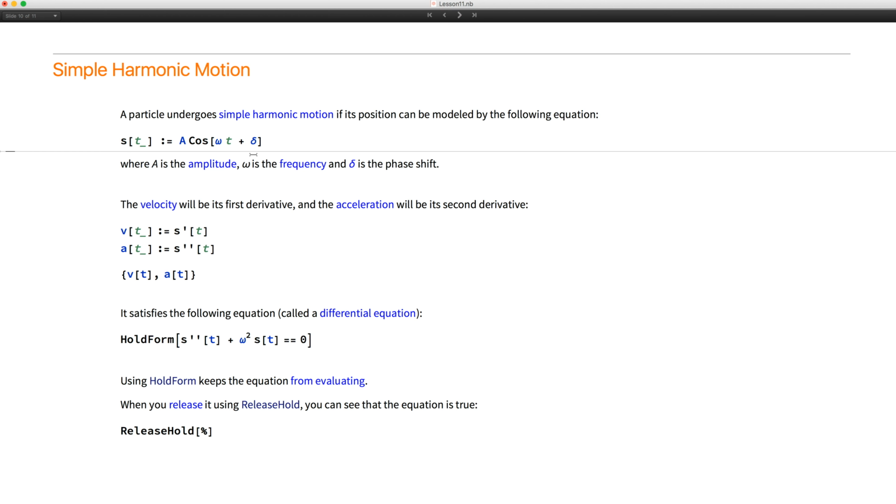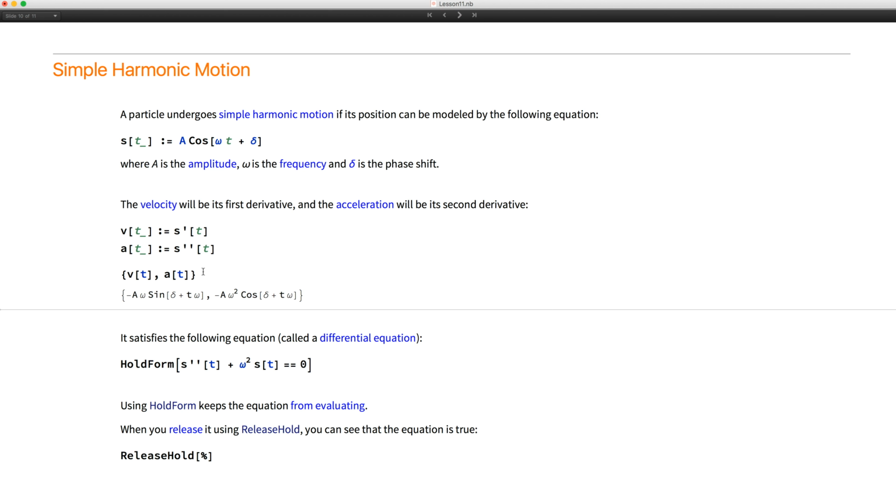Now, given such a simple harmonic motion, you can work out the velocity and the acceleration by working out the first and second derivatives. So here are the velocity and the acceleration, v and a. And notice that the acceleration is almost the same as the position, except that it has this negative omega square multiplying it as an extra factor.